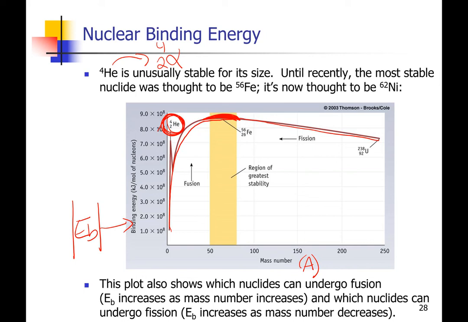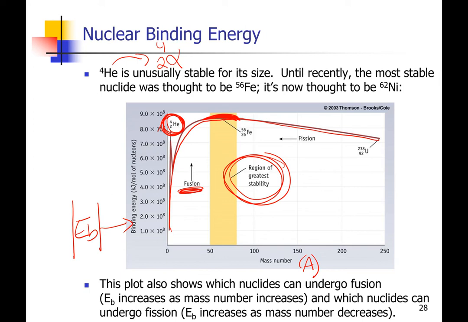So this then allows us to predict which elements might reasonably undergo fusion and which might reasonably undergo fission. The elements that undergo fusion tend to have fewer than 50 nucleons in the nucleus. They tend to have mass numbers lower than 50. And then as they stick together to make bigger isotopes, they head toward that region of greatest stability here.